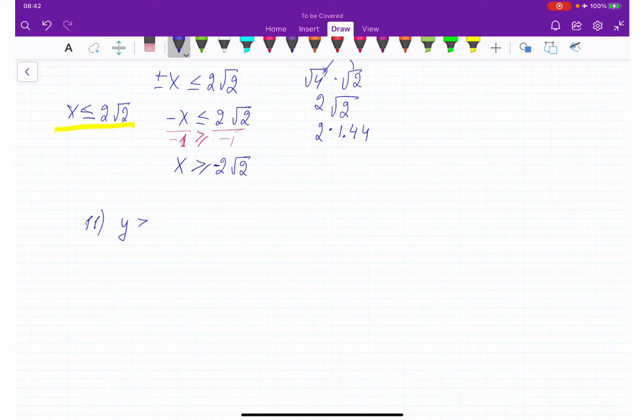y is greater than 7 to the power x. All right. I'm going to put a reference to the video at the end of the screen, so you will know how to graph a function with an exponent.